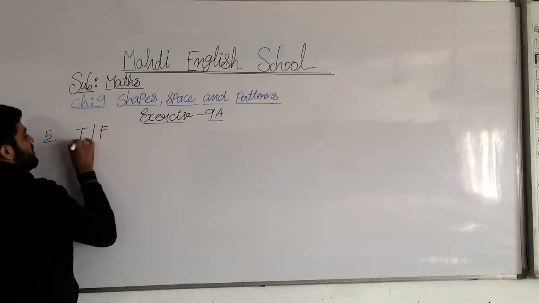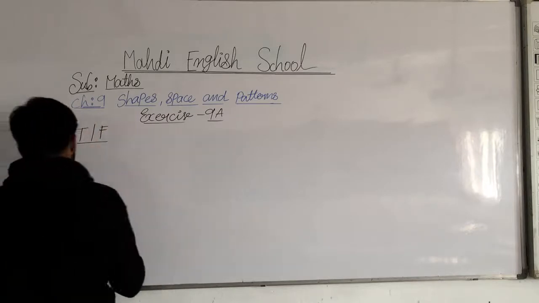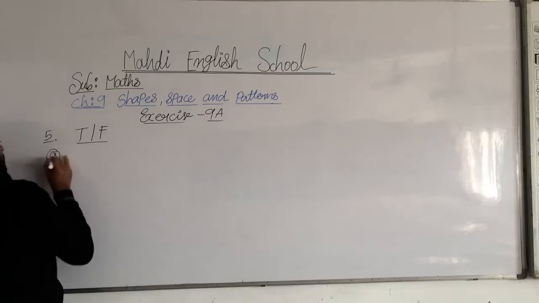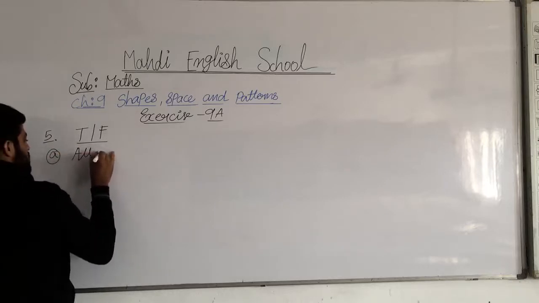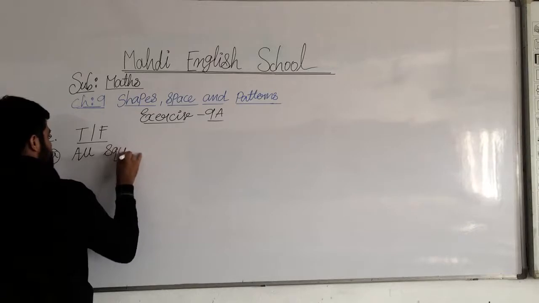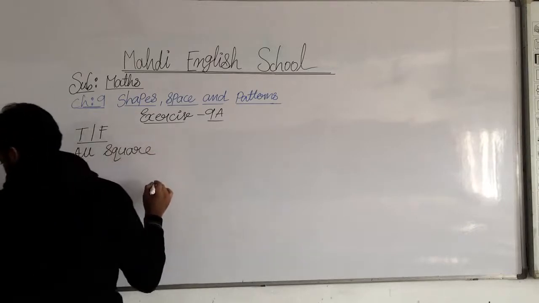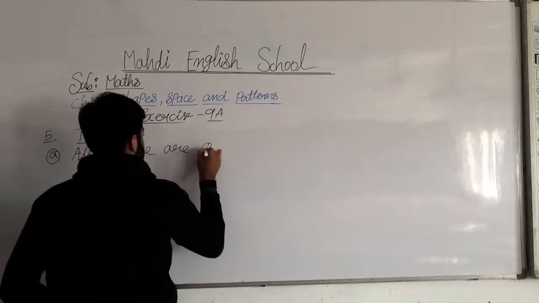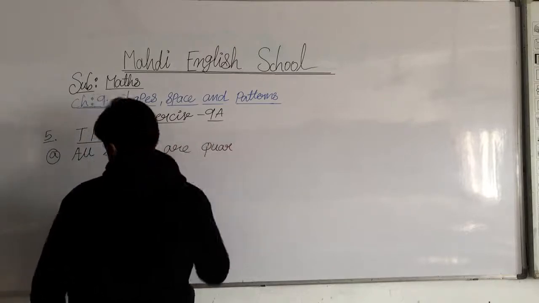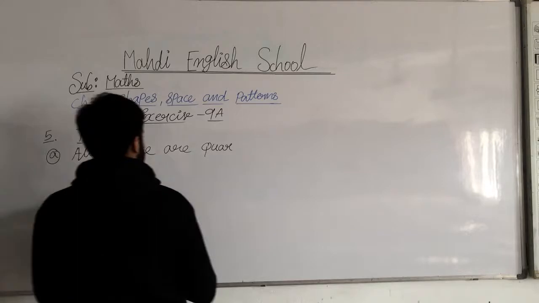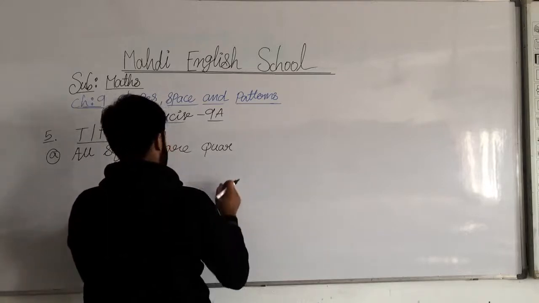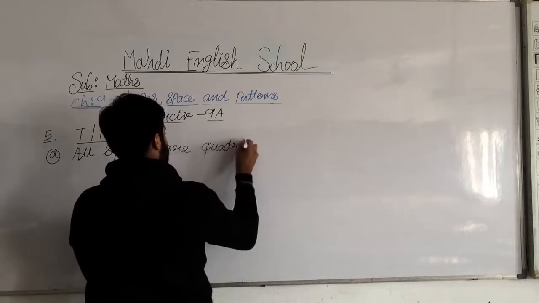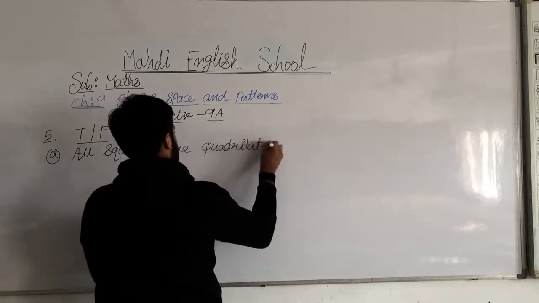I am writing only T or F. In the first question: all squares are quadrilaterals.